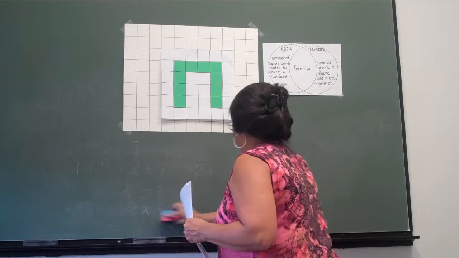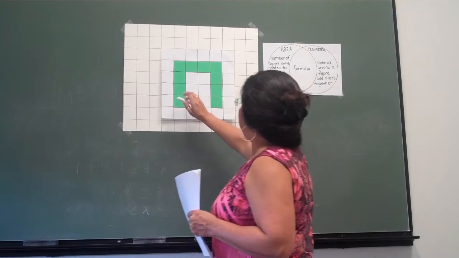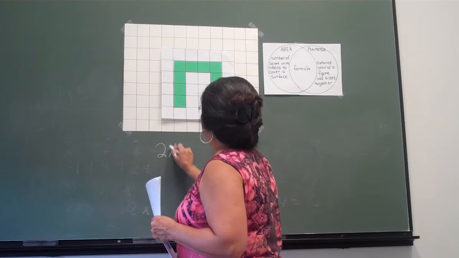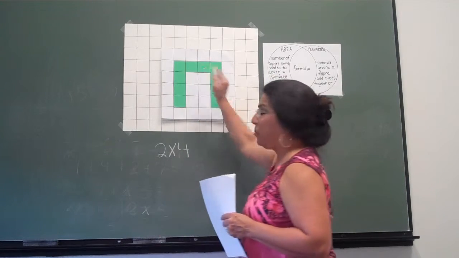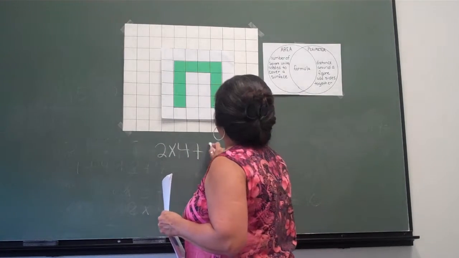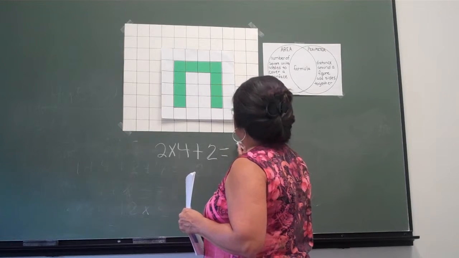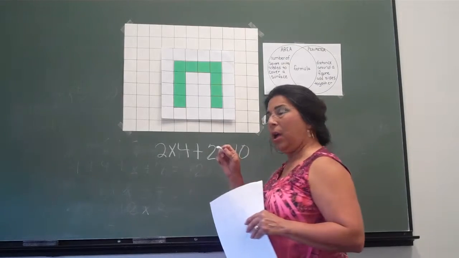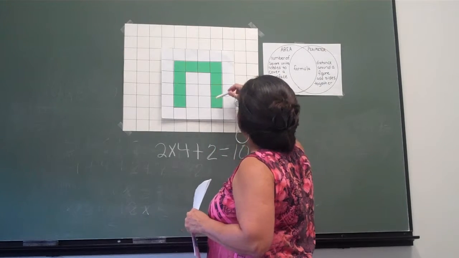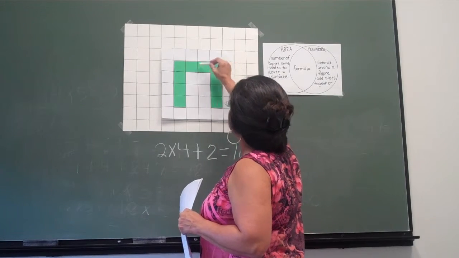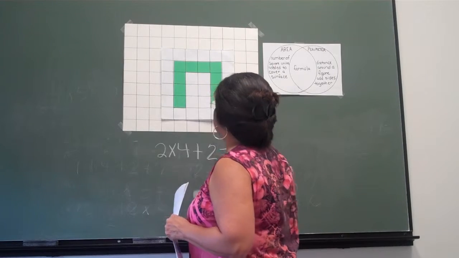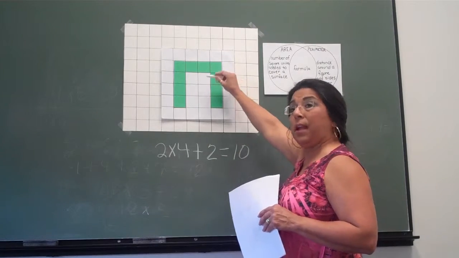Very good, Stephen. Very good. That's right. We could either do 2 times 4, and we've got these 2 left over. We can add those. So we've got a total of what? 10 squares. Is that correct? Okay, so we can count. Let's make sure we check. 1, 2, 3, 4, 5, 6, 7, 8, 9, 10. So we do have, and that is the area.